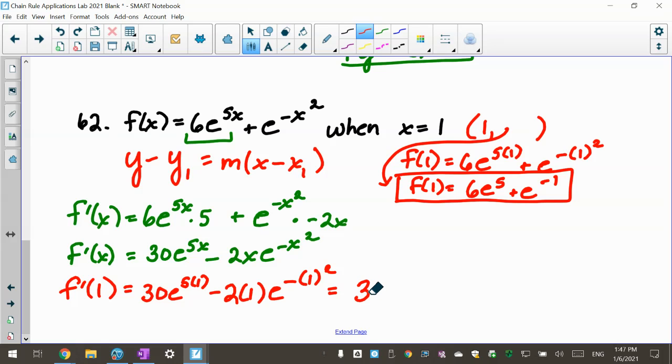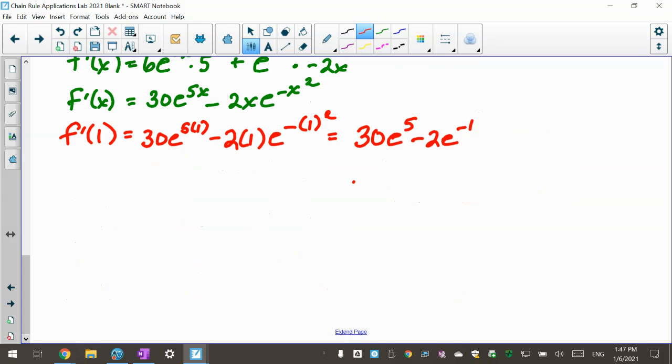It's 30 e to the 5th minus 2e to the negative 1, sorry, almost forgot that, 2e to the negative 1. So that's my slope. I'm going to leave it that way. You can put it in your calculator to make sure it matches what we just found on our calculators.